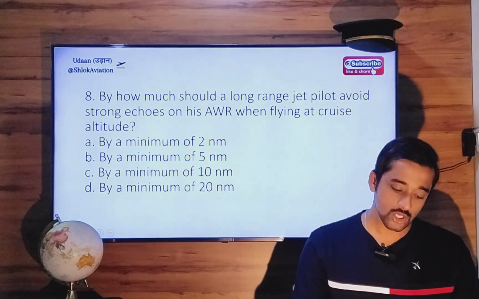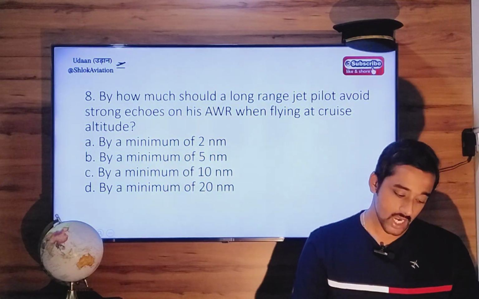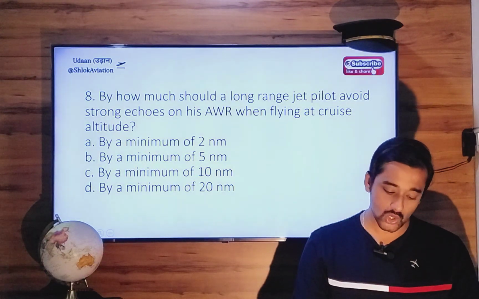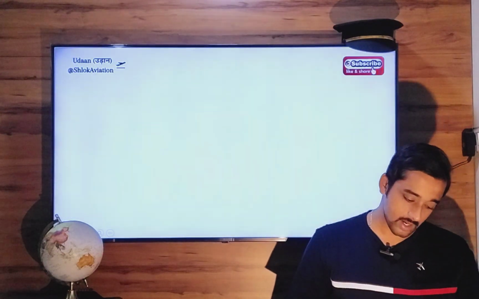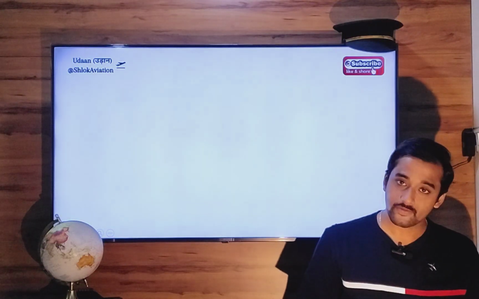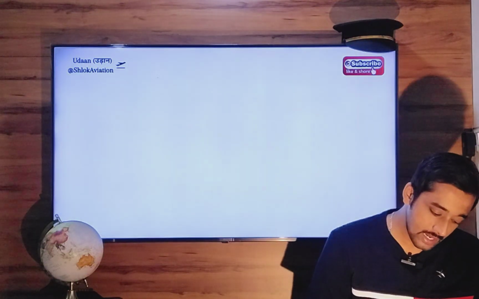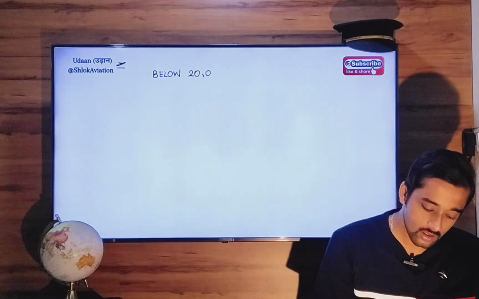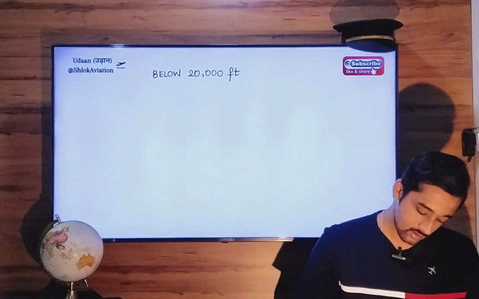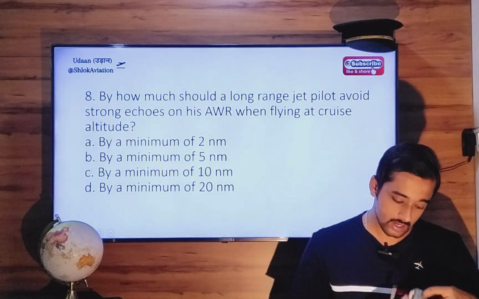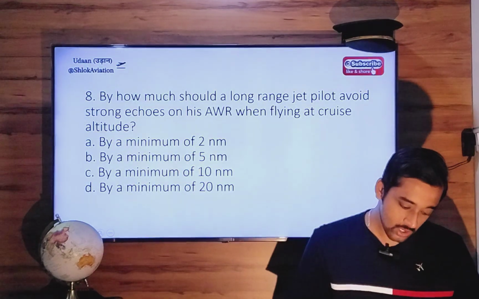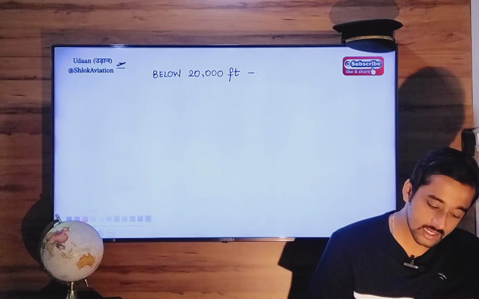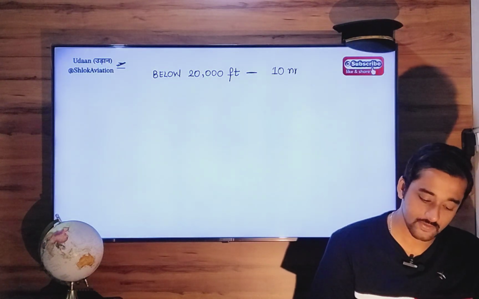Question 8. By how much should a long-range jet pilot avoid strong echoes on his airborne weather radar when flying at cruise altitude? Remember, when you are flying below 20,000 feet, you should avoid strong echoes by a distance of 10 nautical miles.